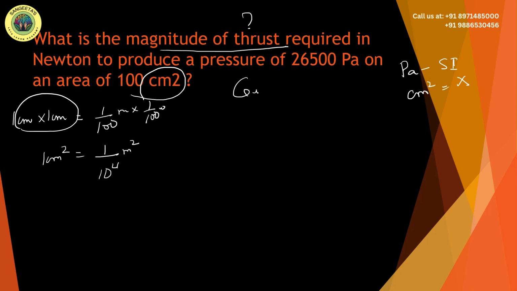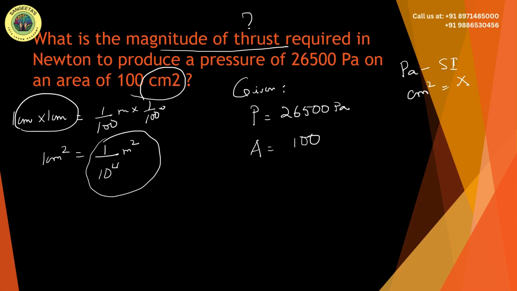Now let us do given. What is given? Given is pressure is equal to 26500 Pascal, right? And area is equal to 100 centimeter square. 1 centimeter square is this much meter square. So 100 centimeter square will be 100 into 1 by 10 to the power of 4 meter square. So area is equal to 1 by 100 meter square.